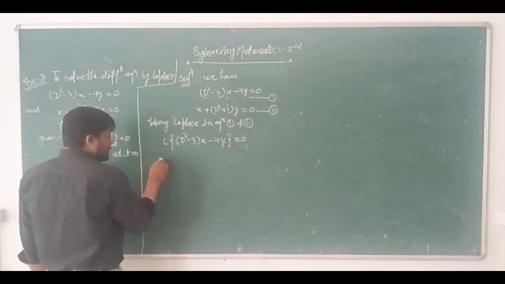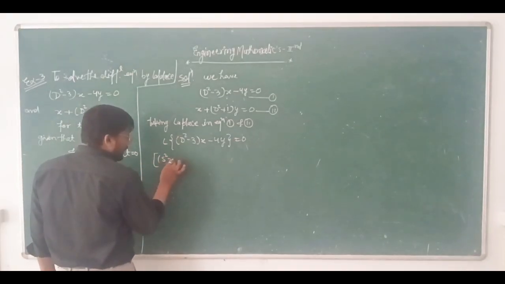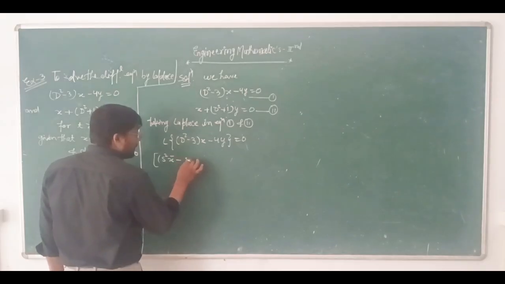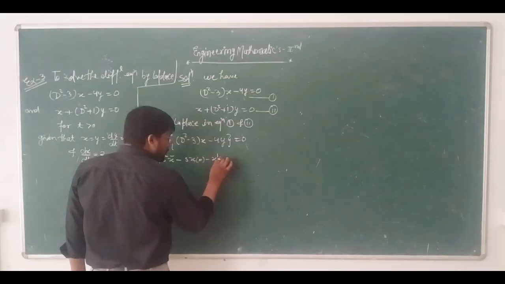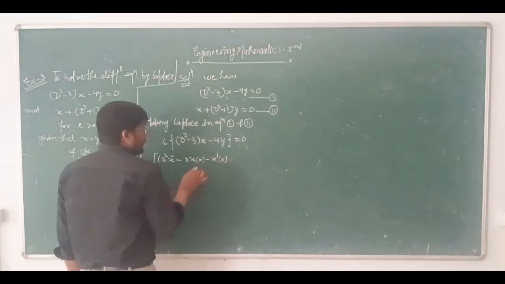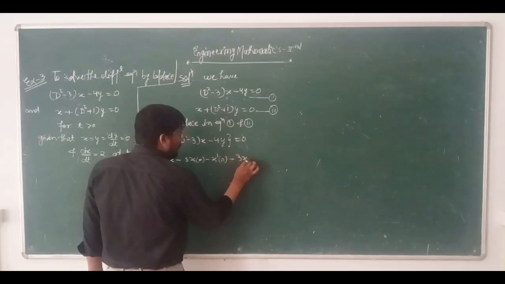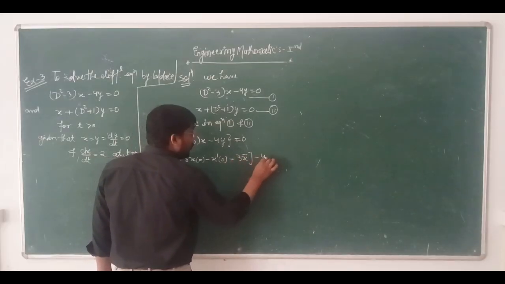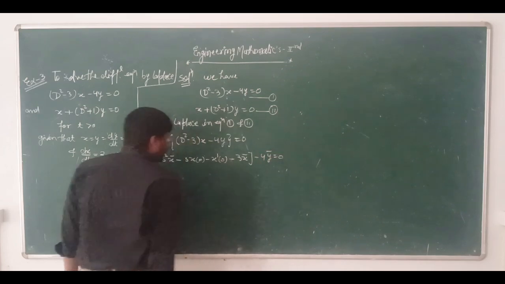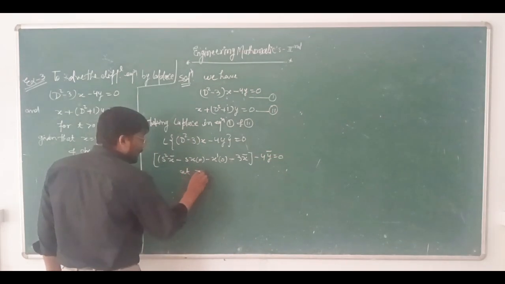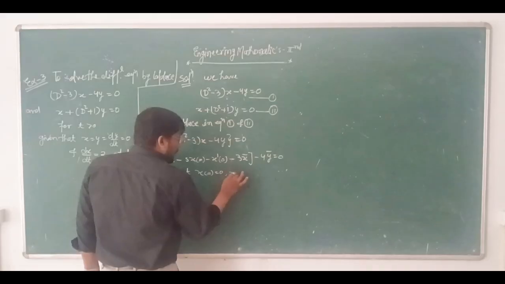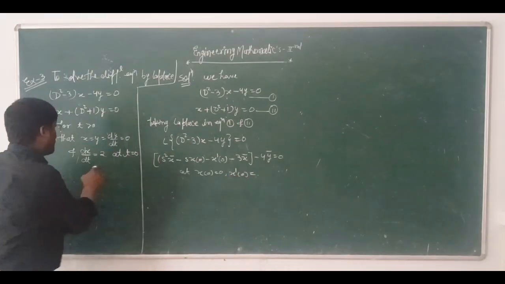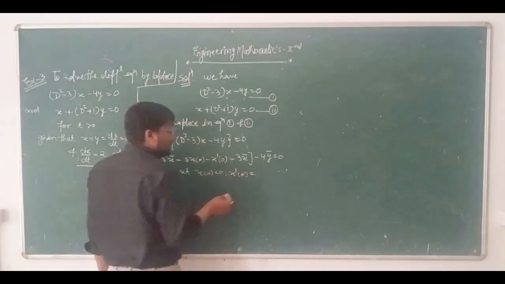This means D square means s square Laplace of x minus s x(0) minus x dash (0) minus 3 Laplace of x minus 4 Laplace of y is equal to 0, at x(0) is equal to 0, x dash (0) is equal to the given condition dx upon dt is equal to 2.